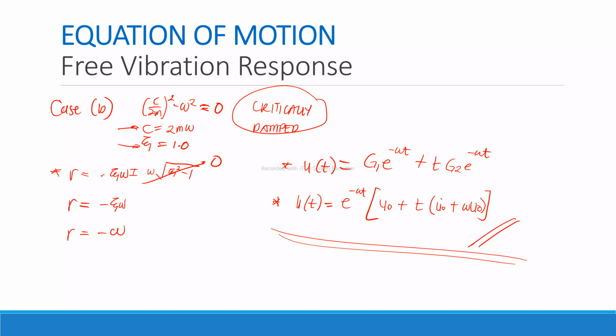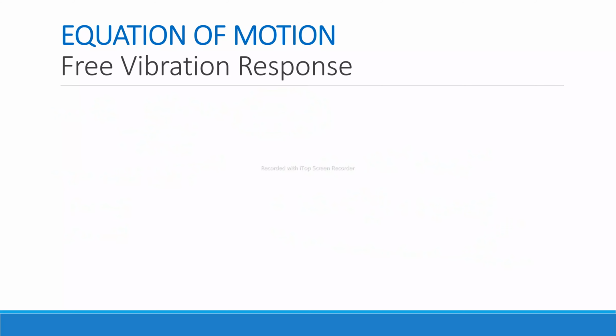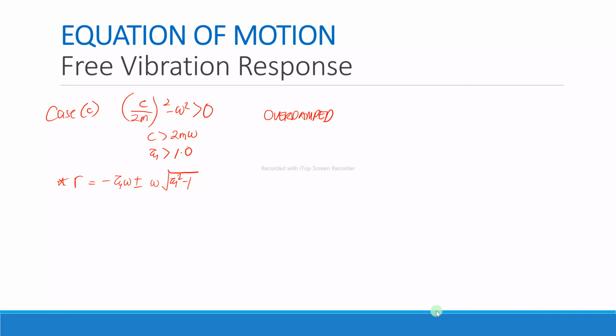And then for our last case, case C, when our discriminant is greater than 0, that is, quantity C over 2m squared minus omega squared is greater than 0, or our damping coefficient is greater than the critical damping 2m omega, or our psi is greater than 1.0. The roots of our auxiliary equation will be this one.